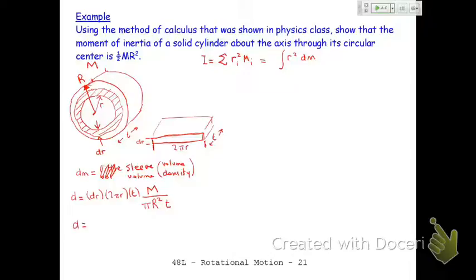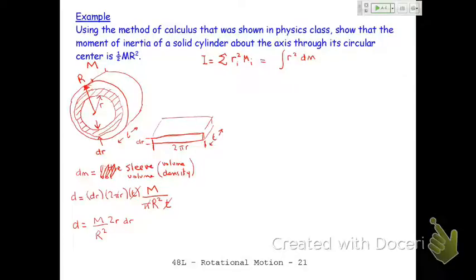So D is equal to, now we do some cancellations. That cancels with that. So I'm going to say M over big R squared. The T's cancel. 2R dr. Can you double check me on that? Big M's left behind. Big R squared's left behind. Where are you getting m over pi r squared t?